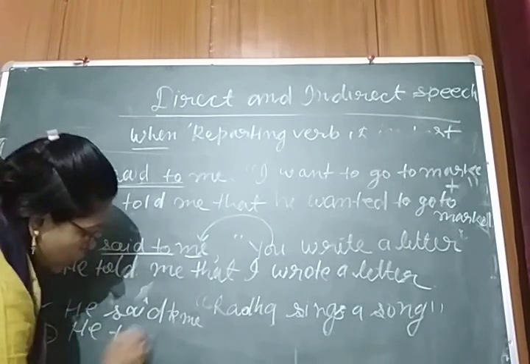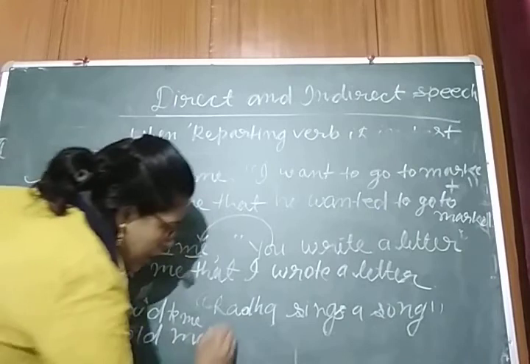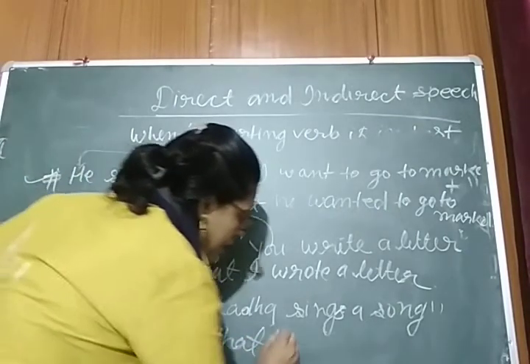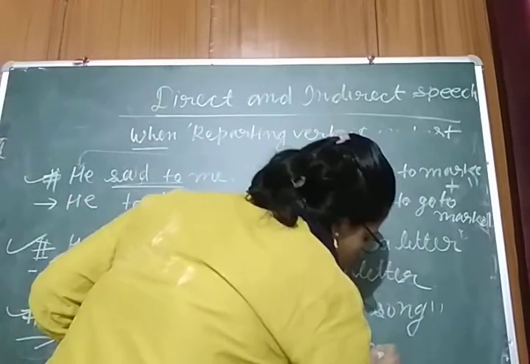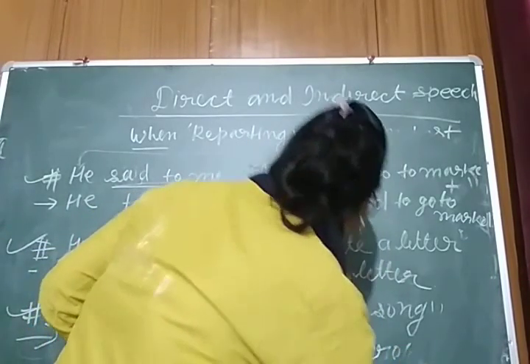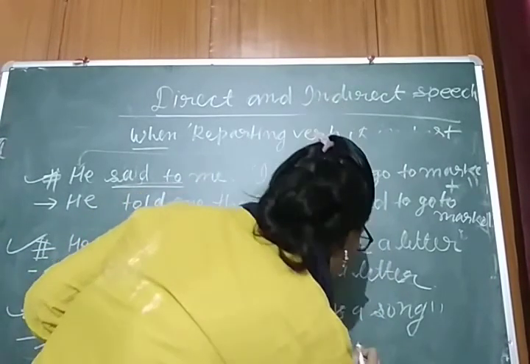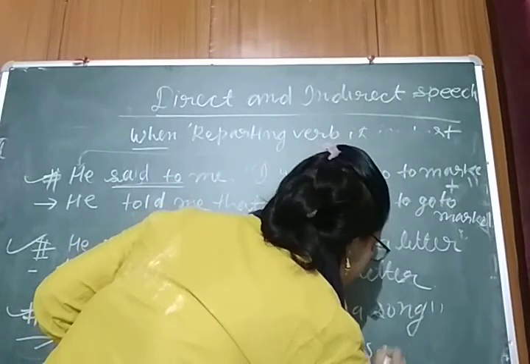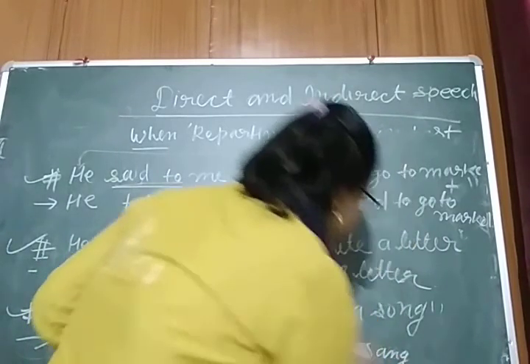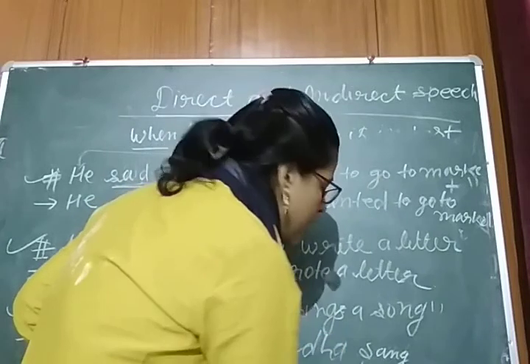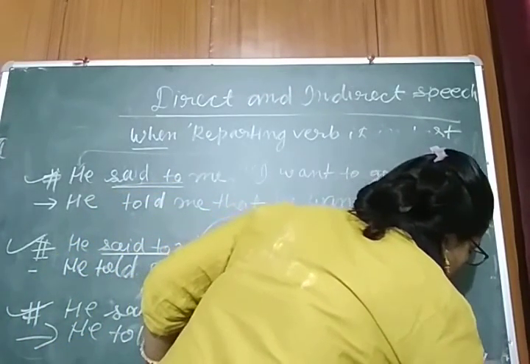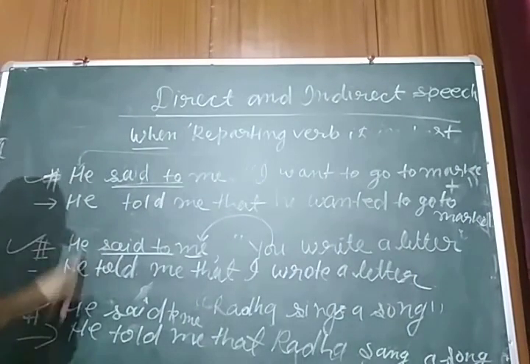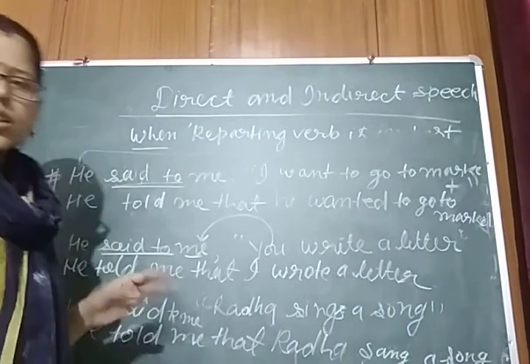He told me that Radha sang a song. What is this? Sang. Sang is the second form of sing. So Radha sang a song. So this is the indirect speech of the given question.